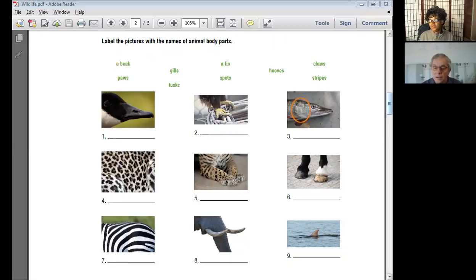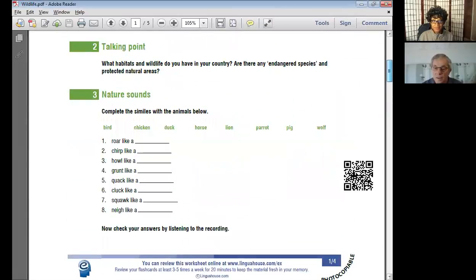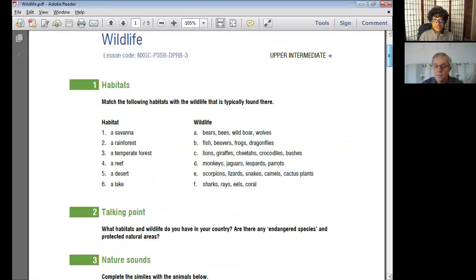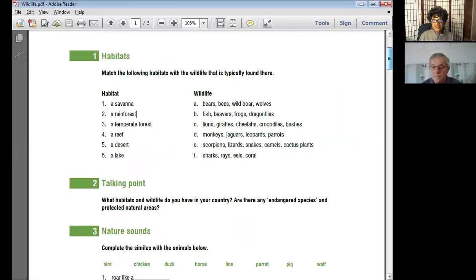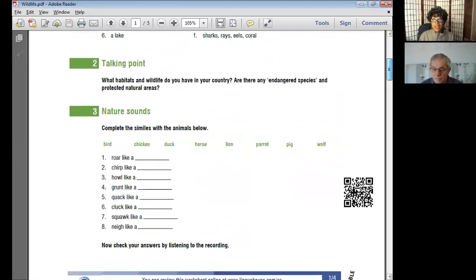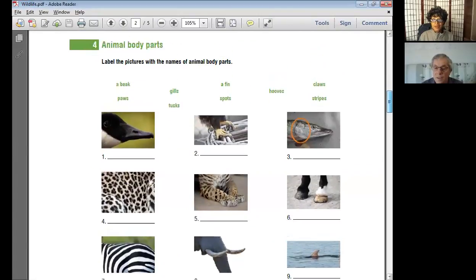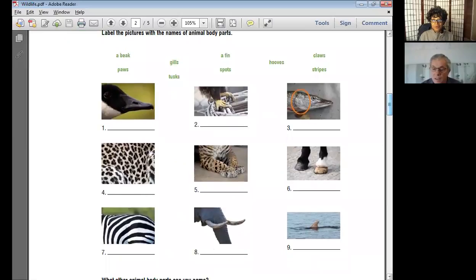Savanna, a rainforest, temperate forest, a reef, a desert, and a lake. I want you to put a check mark on the line of everything that you believe will live in a rainforest.